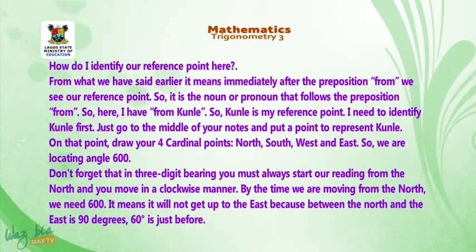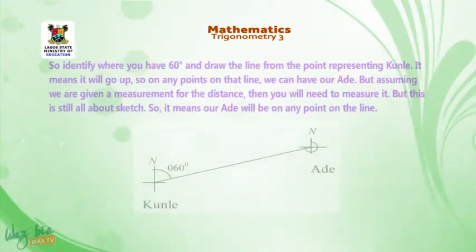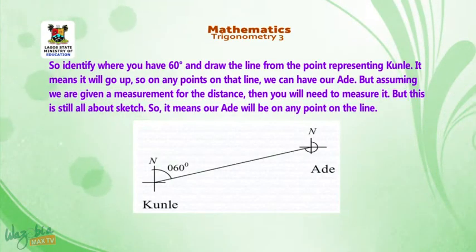So 60 degrees is just before. So identify where you have 60 degrees and draw the line from the point representing Kunle. It means it will go up. So on any point on that line, we can have our Ade. But assuming we are given a measurement for the distance, then you will need to measure it. But this is still all about sketch. So our Ade will be on any point on the line.